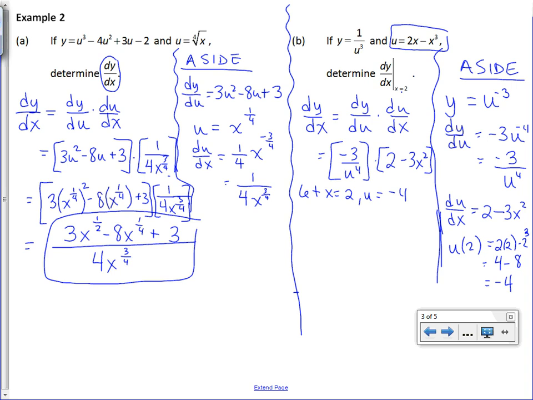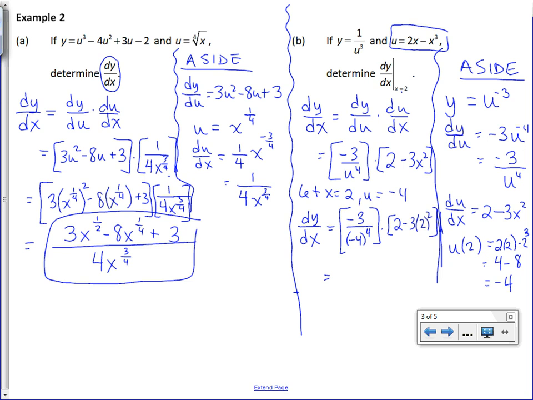Is this making sense, guys? Okay. So dy by dx is going to equal, I've got negative 3 over negative 4 to the 4 times 2 minus 3 times 2 squared. The only important thing to remember at this last step is to put u in the right spot and put x in the right spot.